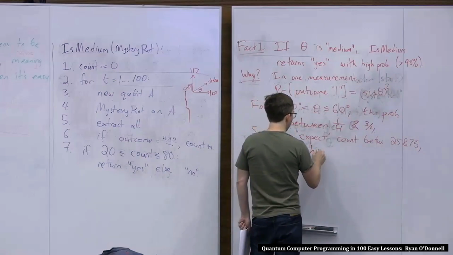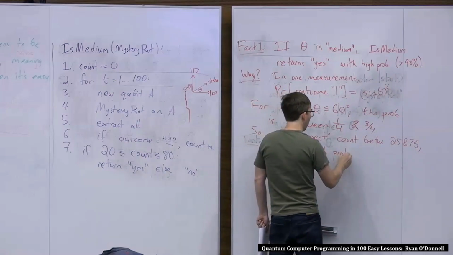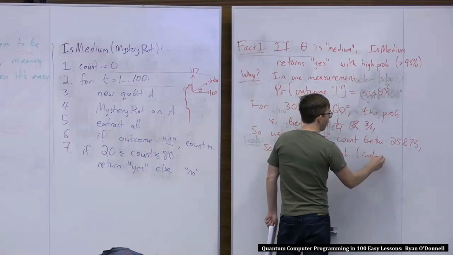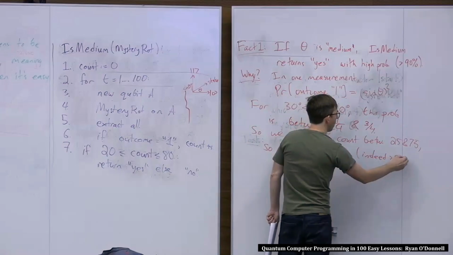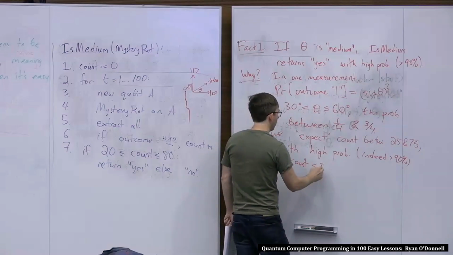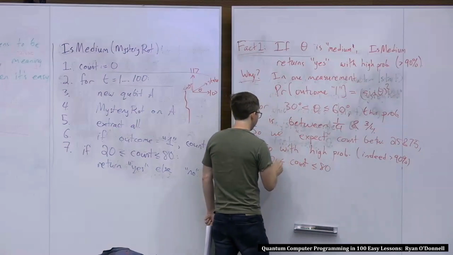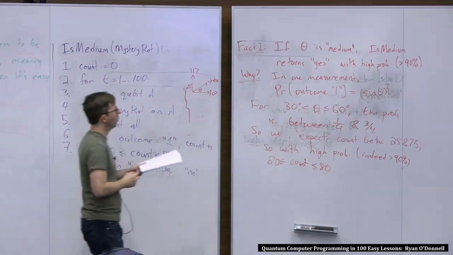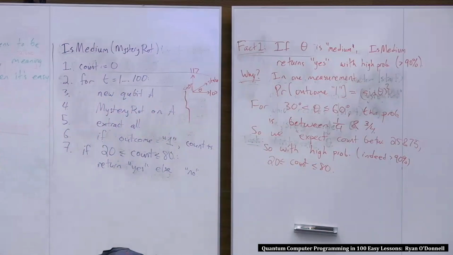So with high probability, you just take my word for it, indeed greater than 90%, the count is between 20 and 80. Does that seem all right? Good.